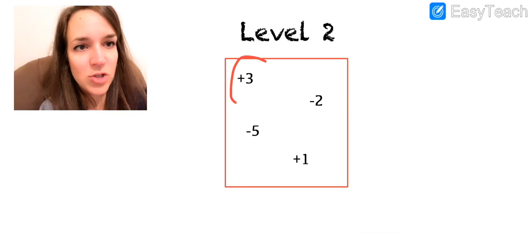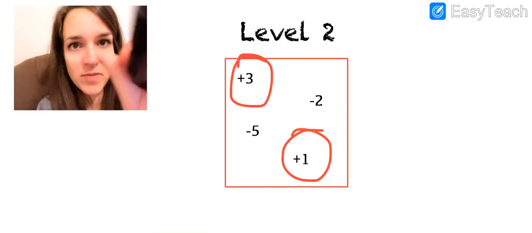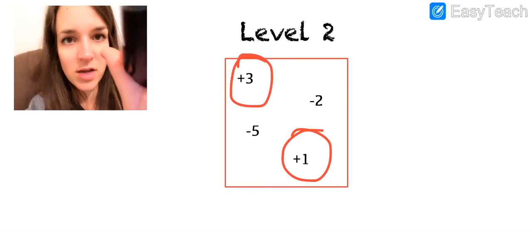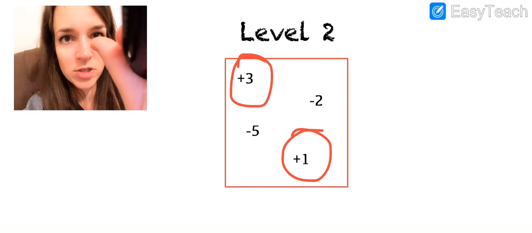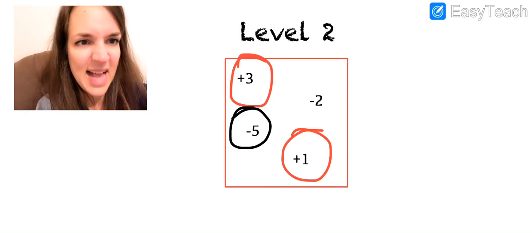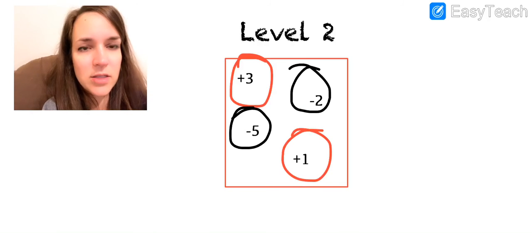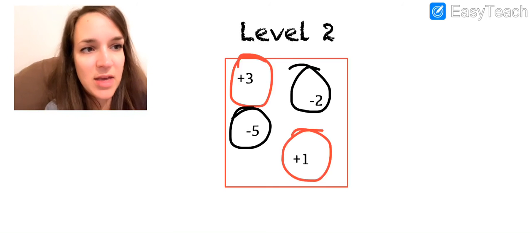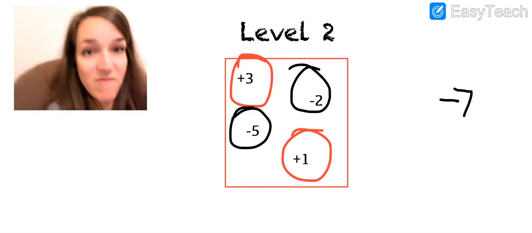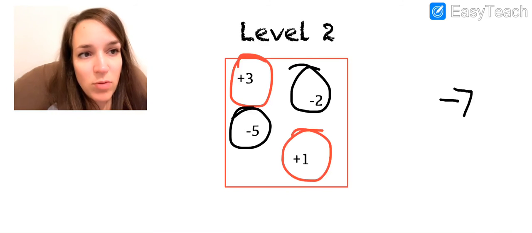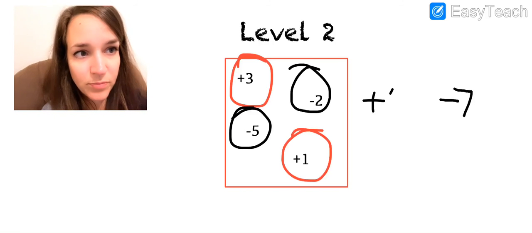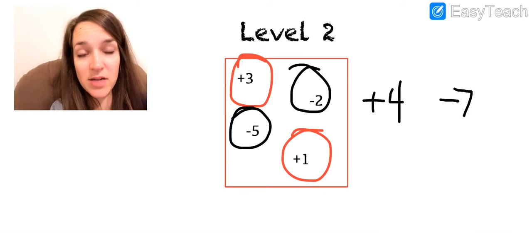So we've got 2 on the positive team. Okay, and then let me change our color here just so that you can see the negative team. That doesn't seem good, so we're going to make them black. There we go. All right, so if we group our negatives together, then that makes us a -7 once we put them all together. And if we group our positives together, that gives us a +4.